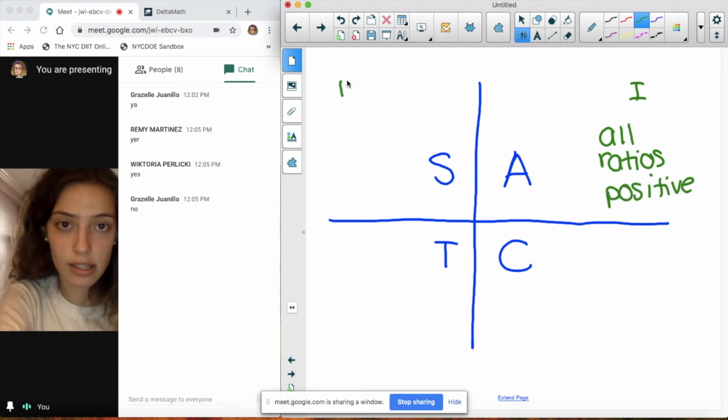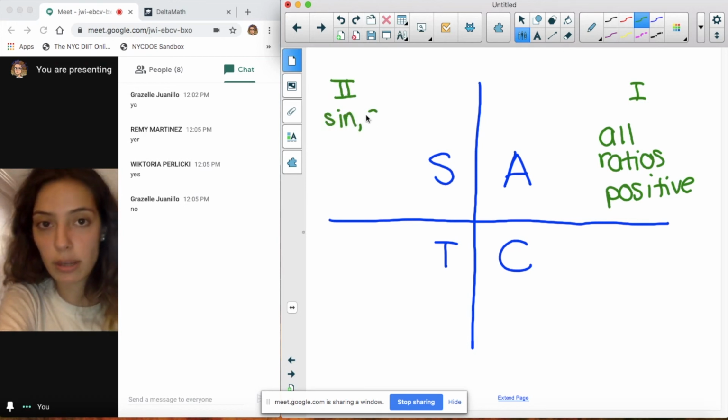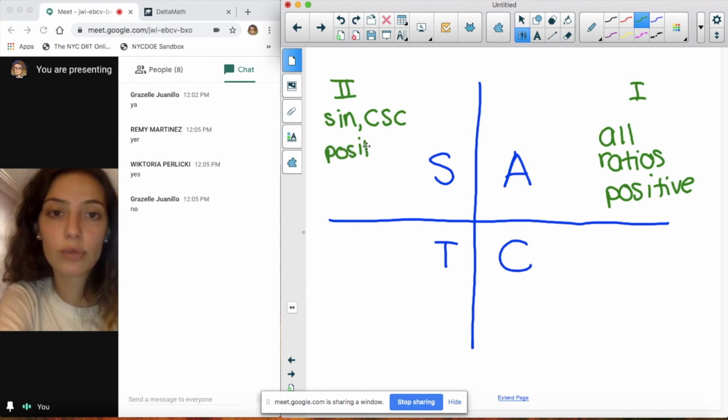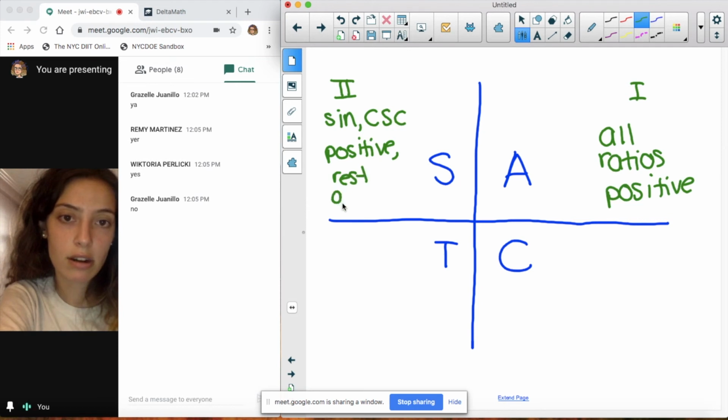In the S, in the second quadrant, that tells you that sine and its reciprocal, which is cosecant, are positive. The rest are negative.